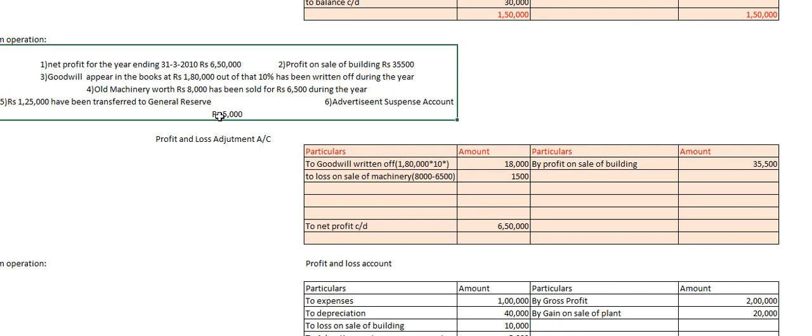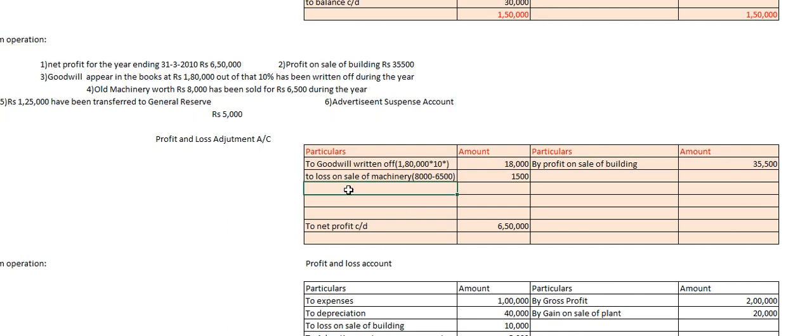Next they are telling 1,25,000 has been transferred to general reserve. So to transfer to general reserve, it is 1,25,000. Then the last one, advertisement suspense account. It is a non-operating expense, which means it is a deferred advertisement expenditure which will be written off in 2 or 3 years. So it will be debited to advertisement suspense account.